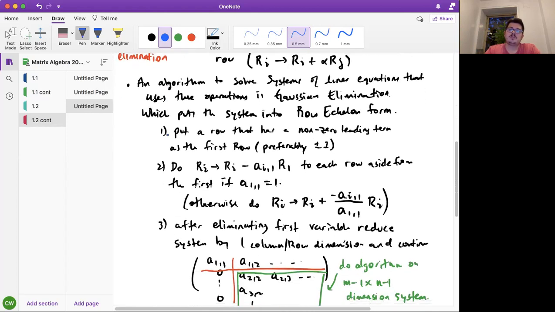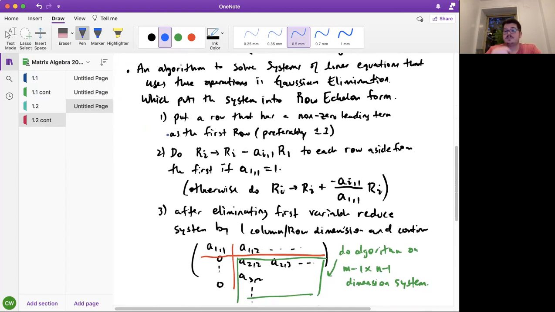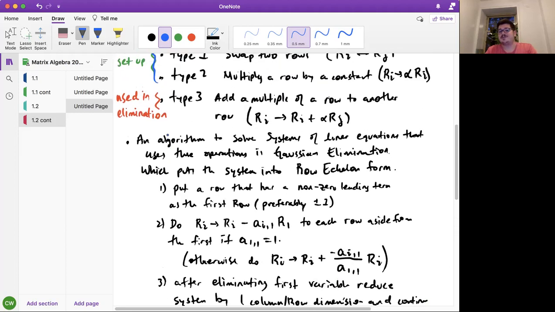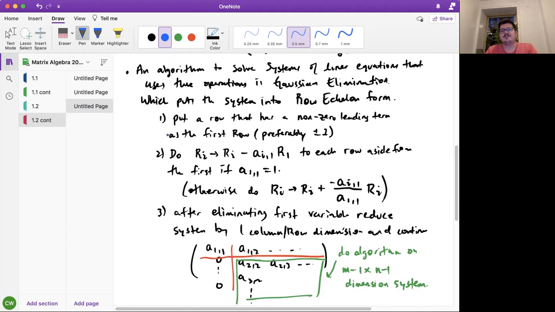Okay, so we talked about an algorithm that can do this very reliably. You can tell a computer to do it. There are some things you can do yourself to make it a bit easier, like picking out nice rows to use. Our algorithm in general is to look at our first row and swap it with a good row.